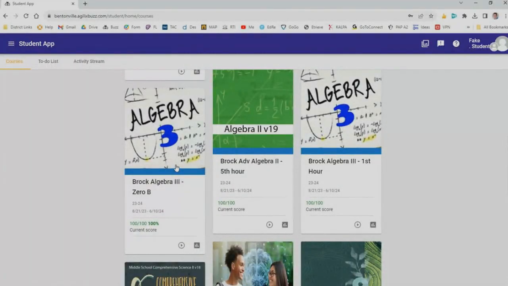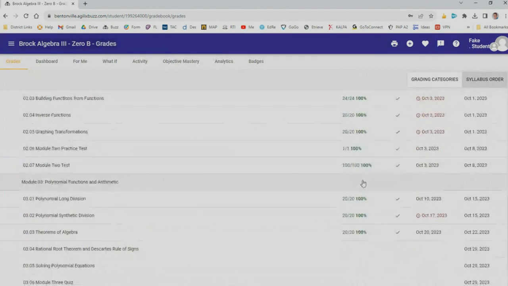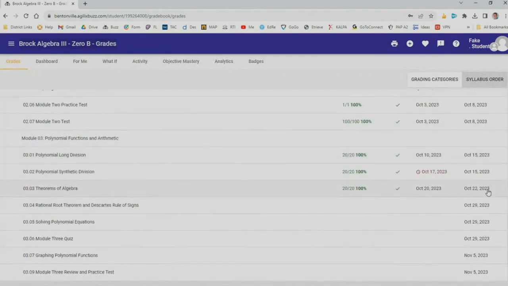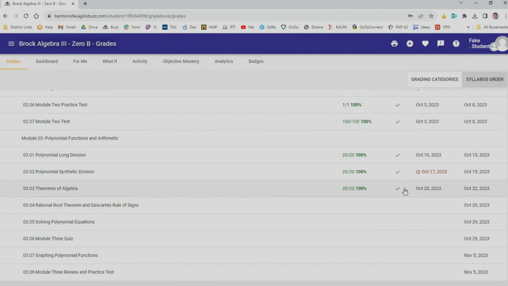If I put up the grade screen, you see that the 22nd is last Sunday with just the theorems of algebra. That was the only thing we had, and that's where we learned those 3 theorems. This week, we've got 2 lessons and a quiz.